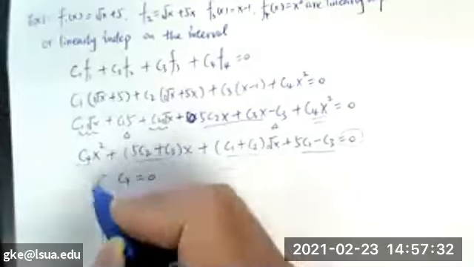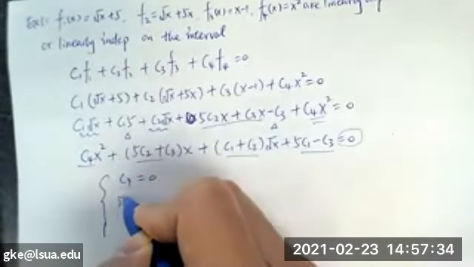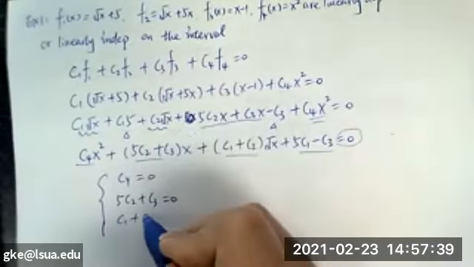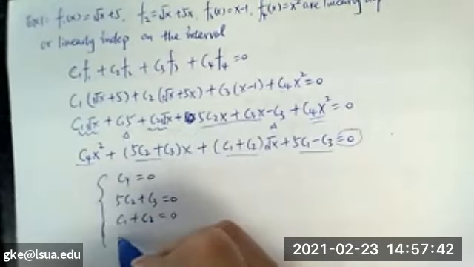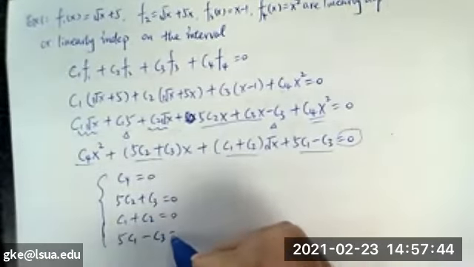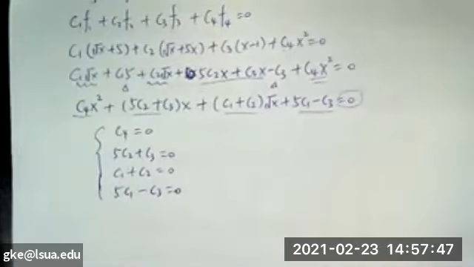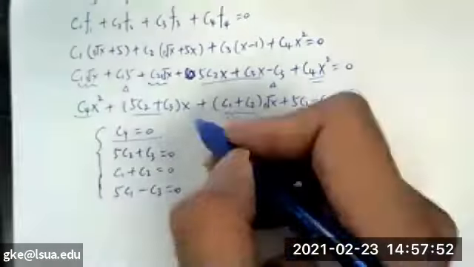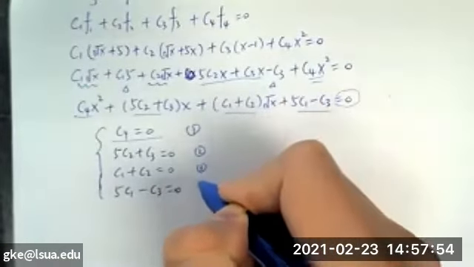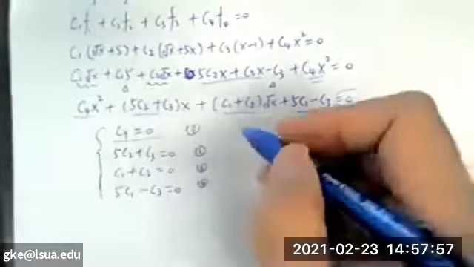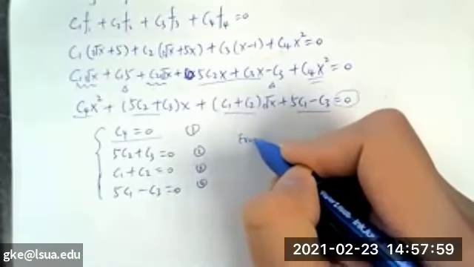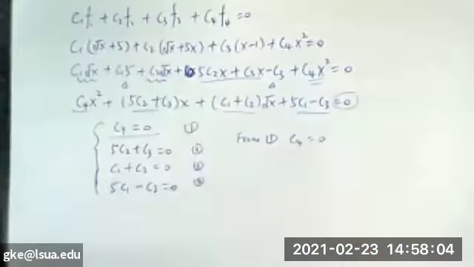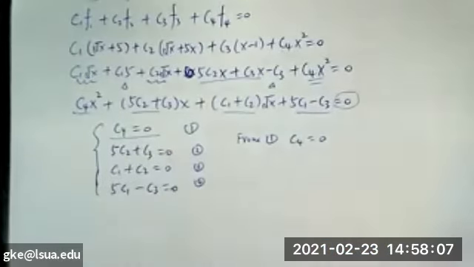So let's check. 5C2 plus C3 equals 0. And C1 plus C2 equals 0. 5C1 plus C3 equals 0. From equation 1, we know C4 equals 0.